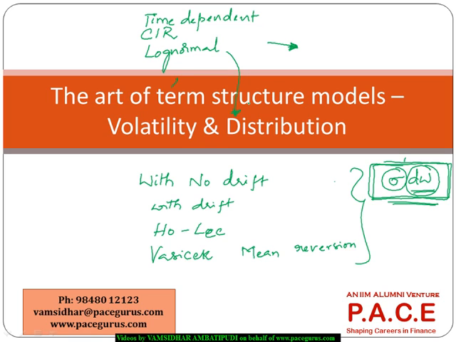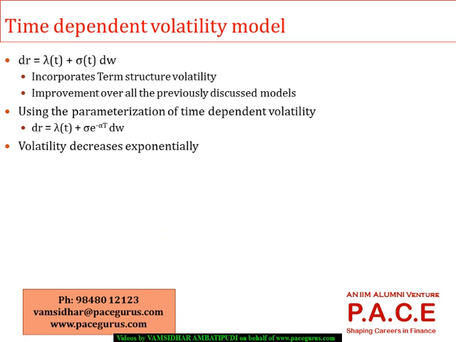They don't assume constant volatility across the period. There are some changes in the volatility. Probably they may be in combination with the drift also, or even without the drift, but our focus is primarily the change with respect to the volatility.